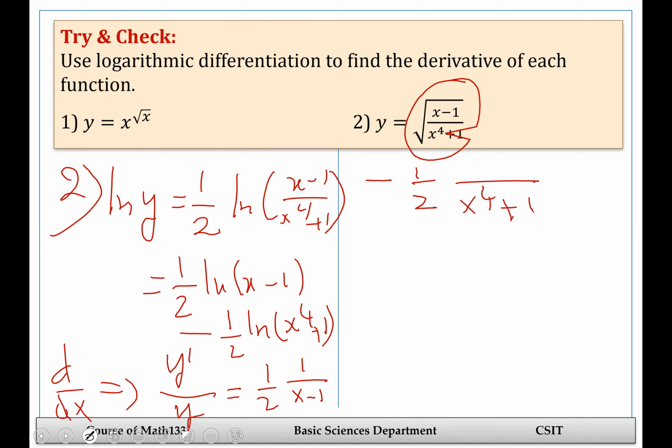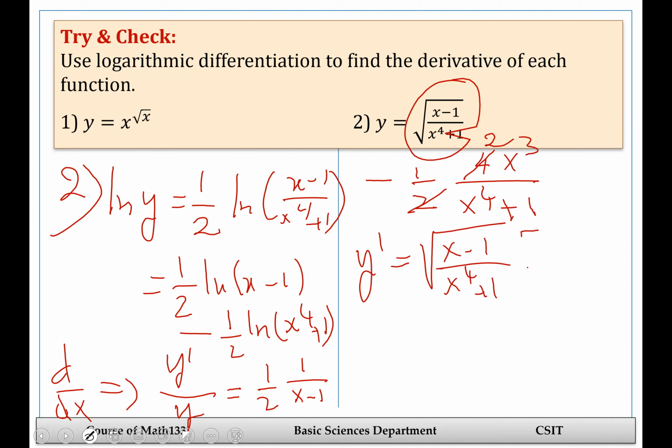That's the function inside the ln, and its derivative is 4x cubed. So somehow we will simplify by 2, and this becomes 2. So finally, y prime is equal to the quantity to the right multiplied by y, but y is this function, root x minus 1 over x fourth plus 1 multiplied by 1 over 2 x minus 1.